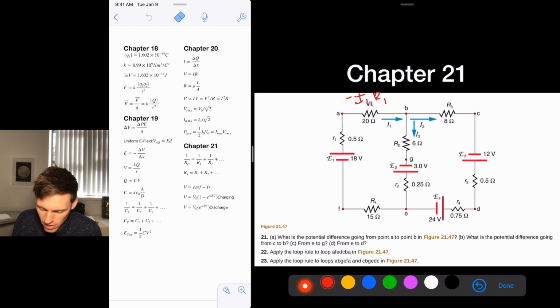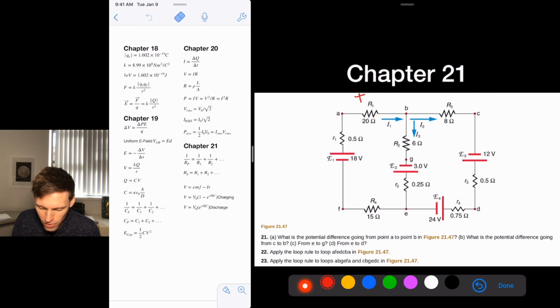What is the potential difference going from C to B? Going from C to B is going opposite the direction of the current, so that's going to be I2R3, but positive. If I was doing my loop rule that way, I'd be going against the current, and so it would be a positive number.